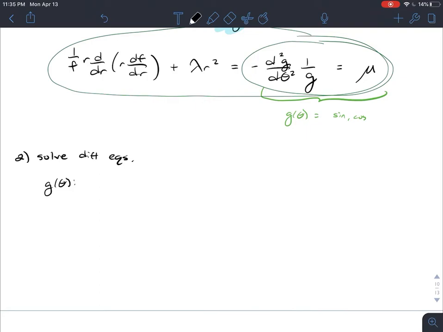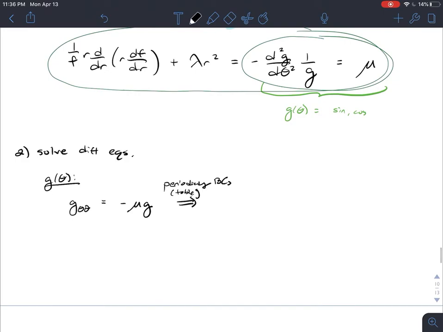So in G of theta, recall that our differential equation is G theta theta is equal to negative mu G. And given periodicity boundary conditions from the table, our general solution for G of theta is equal to C1 sine m theta plus C2 cosine m theta, where mu is equal to m squared, where m can start from 0, 1, 2.